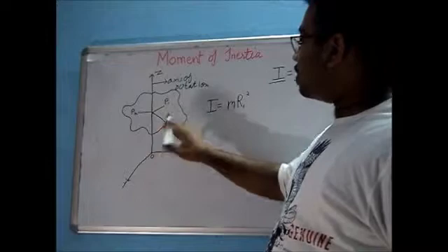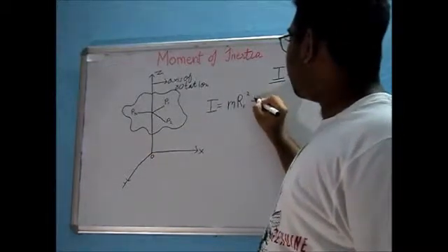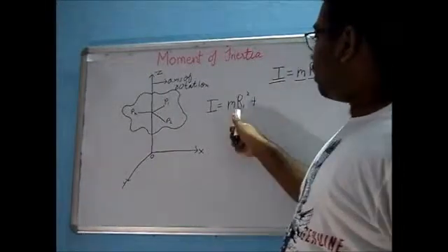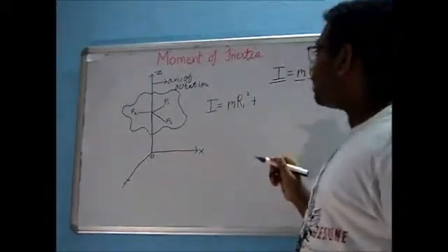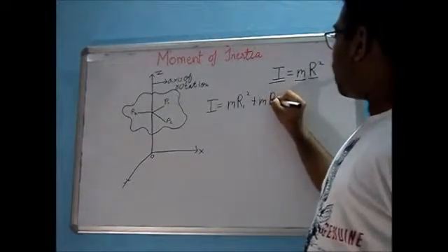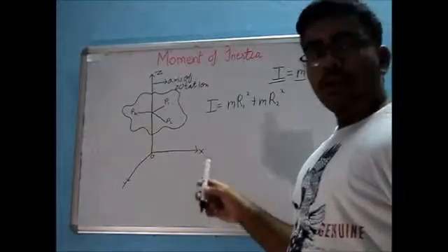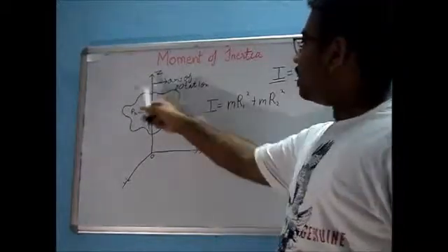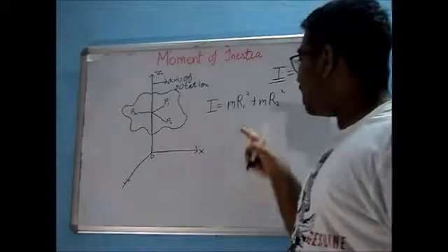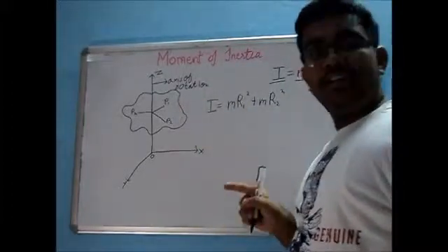Now the moment of inertia of the P2 particle, m r2 square, would be added to the moment of inertia of the P1 particle. The moment of inertia of every particle in this rigid body would be added to find the moment of inertia of the given rigid body.